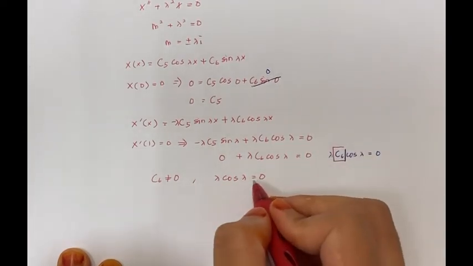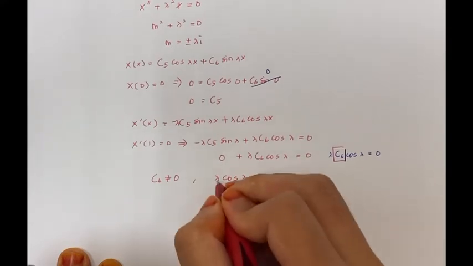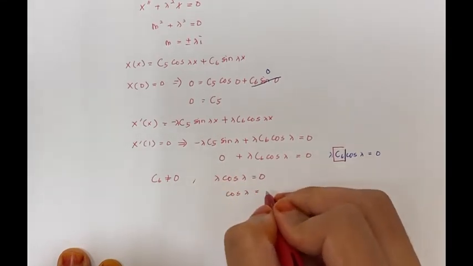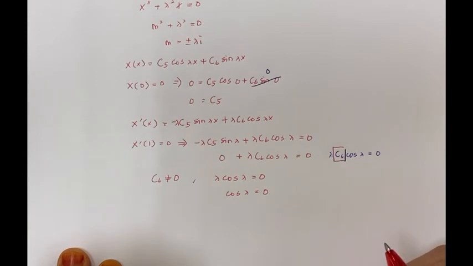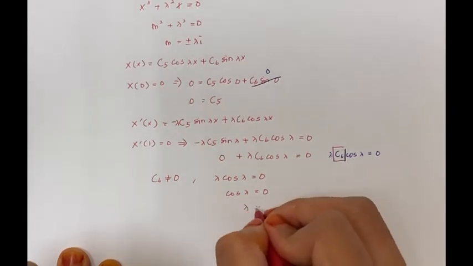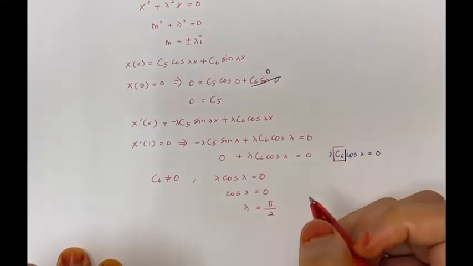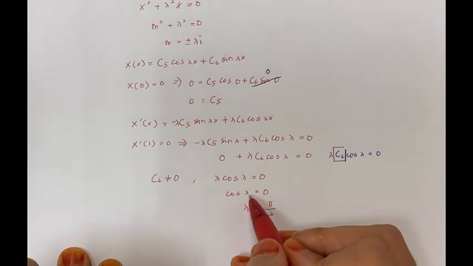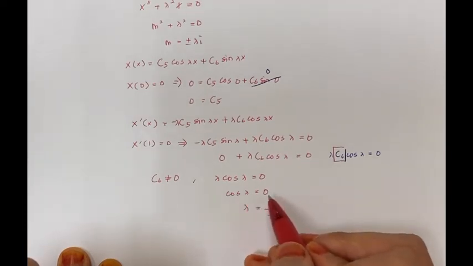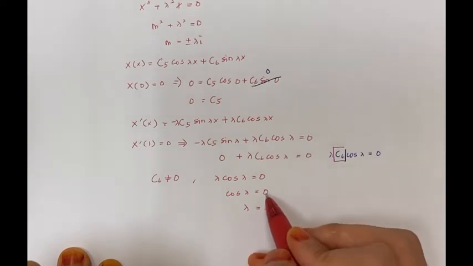Moving lambda to the right hand side, cos lambda equal to 0. So lambda is equal to pi over 2. Use a calculator to check what is the value for lambda to make cos lambda equal to 0. Basically, if you find cos of lambda, it is equal to 0 at pi over 2.